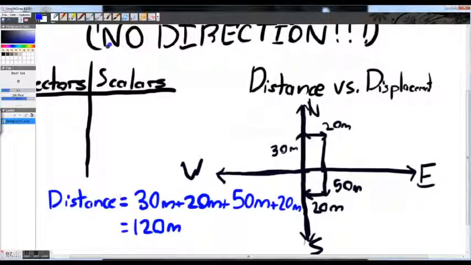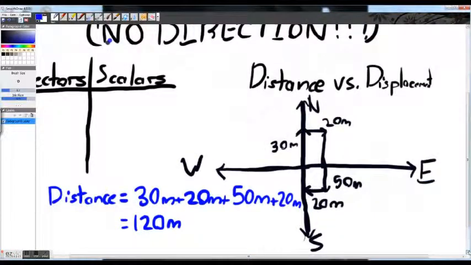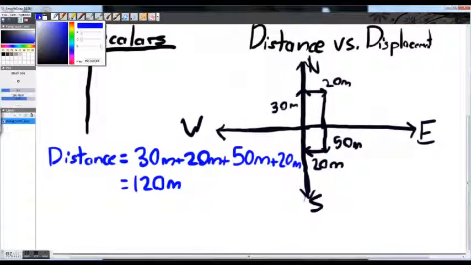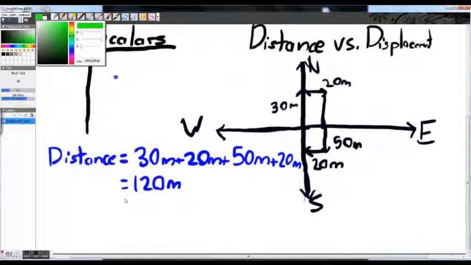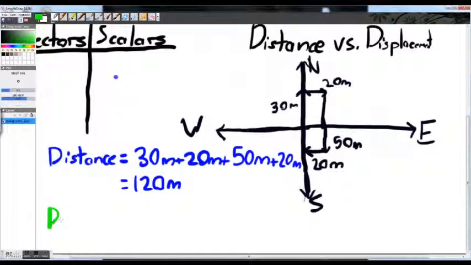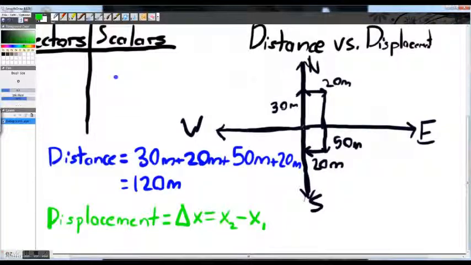So, now, what was the object's displacement? Okay, well, let's use green for this one. Very bright green. Displacement will be equal to delta x, or a change in position, and this is going to equal final position minus initial position. Well, its initial position is the origin, x1. Its final position, x2, is where it stops moving.